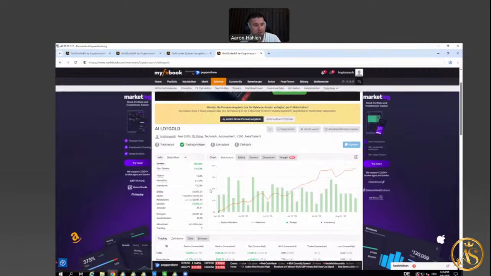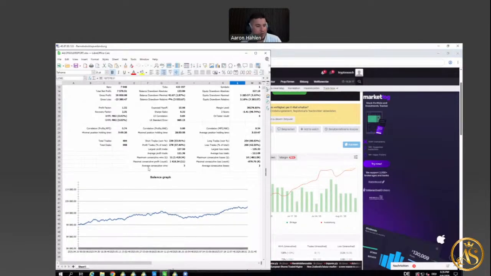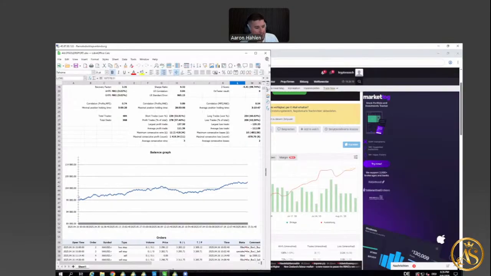I would just give you a little mirror right now from the backtesting report, where you can see the difference between the backtesting report graph and the real money live account graph. Let me quickly go back to the backtesting report, where you can see again how the account was always growing up constantly.